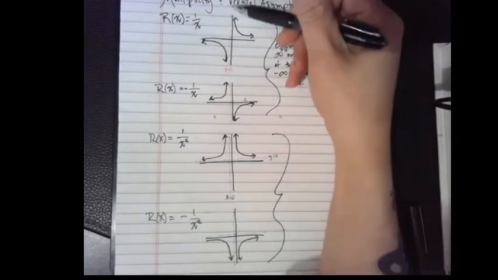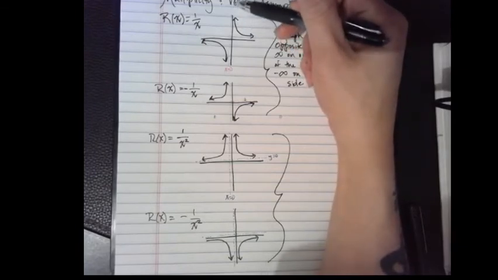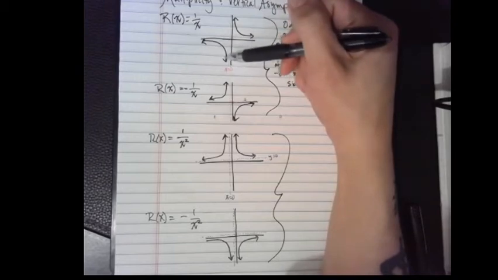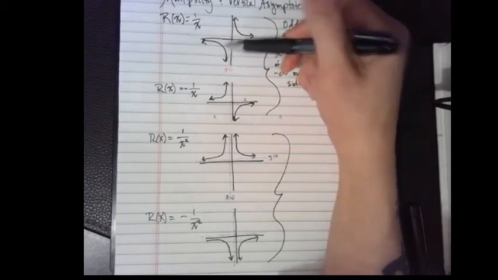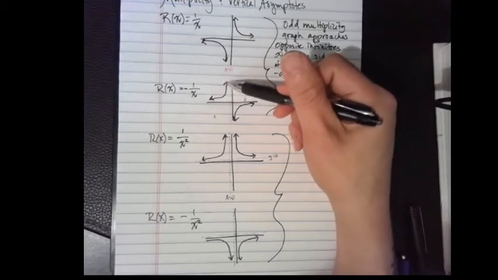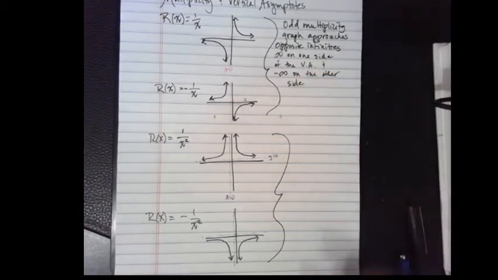Okay, so that's what's happening here. Along my vertical asymptote, in one direction, I'm heading up towards infinity, and on the other side of my asymptote, I'm heading down towards negative infinity. Okay, same thing here. Even though I negated it, I'm still heading up in one direction towards infinity, and I'm heading down on the other side of my vertical asymptote towards negative infinity.